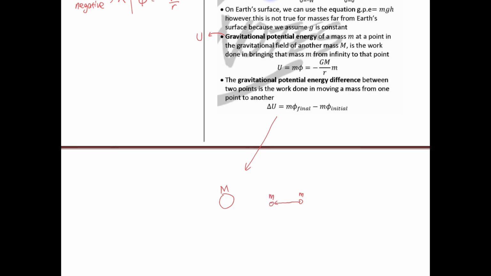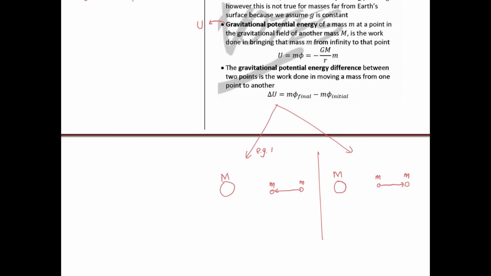Okay. So then how to count the gravitational potential energy? This is example one. Another example that I'm going to give here is you still have the capital M. Let's say this is the Earth. Now you are going to bring the stone away from the Earth. Okay, so this is example two.